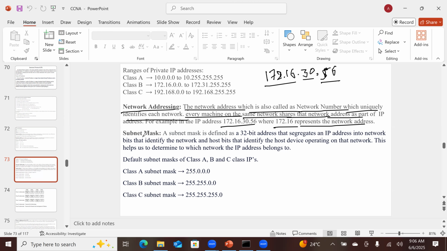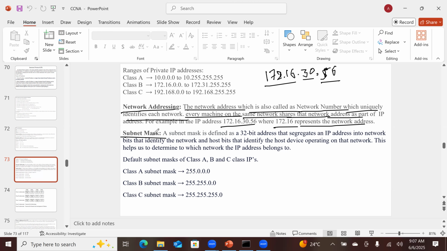Next we have the subnet mask. Only the first three classes have a subnet mask. We don't have a subnet mask for class D and class E IP addresses, only for class A, class B, and class C, because we are using only these three classes.